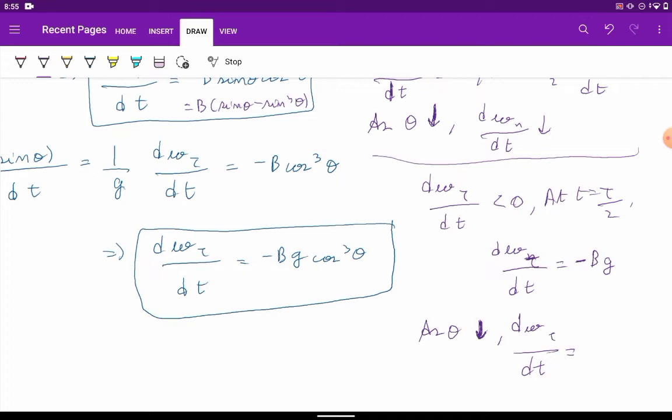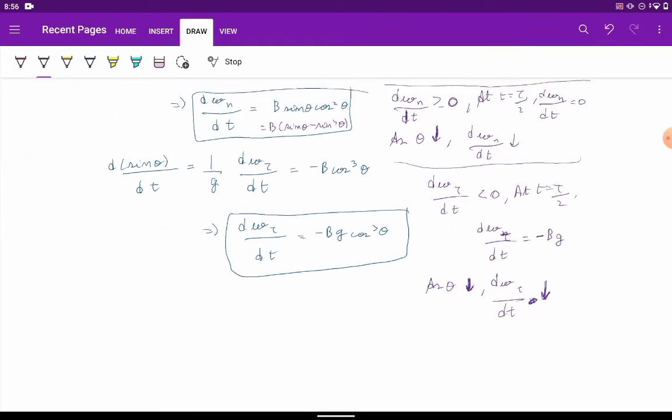So essentially dw tau by dt also keeps on decreasing, right? But we know that dw tau by dt is less than 0, which means that it keeps getting more and more negative. And of course at t equal to tau by 2, because this cos cube theta, if we just see the positive magnitude, is at its maximum, the magnitude of the slope would be maximum, right?